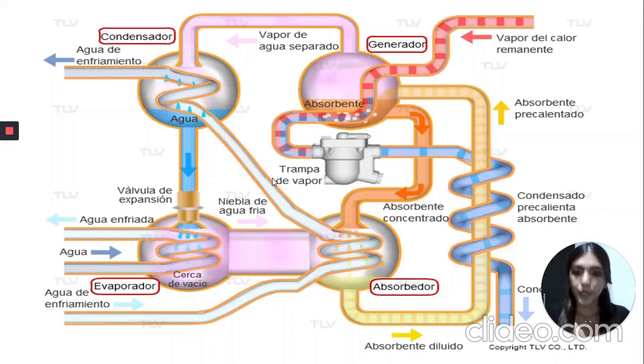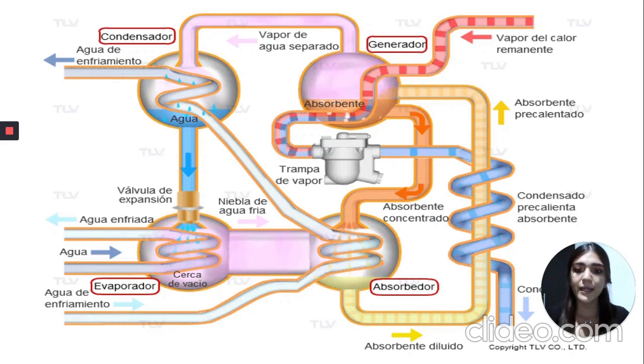Number 3, the concentrated absorbent liquid flows back down to the absorber to capture more water in its continuous loop. At the same time, the water vapor moves toward the condenser.